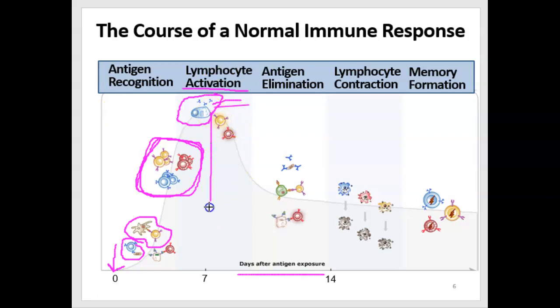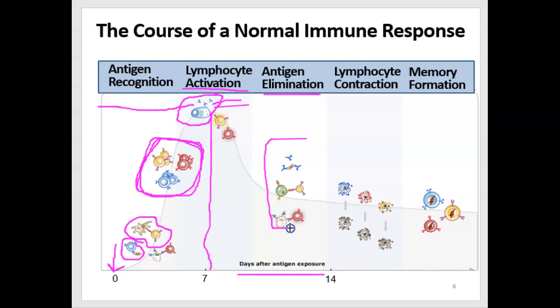And so by day 7, you can measure in somebody's blood that they have a titer, or a certain quantity of antibodies in their blood, as well as B lymphocytes and T lymphocytes that are specific for that antigen. And then the killing processes take place, or the neutralization process takes place, trying to eliminate the antigen.